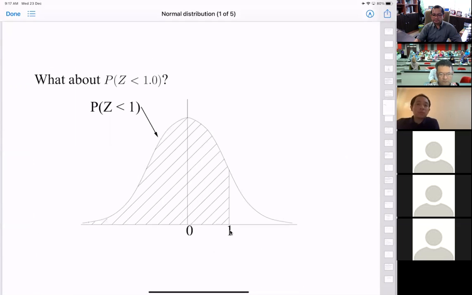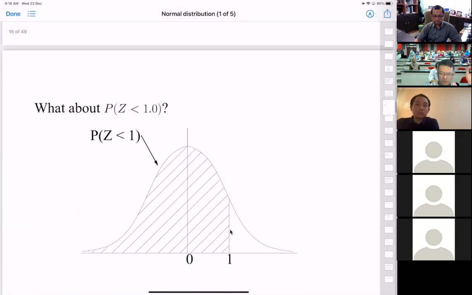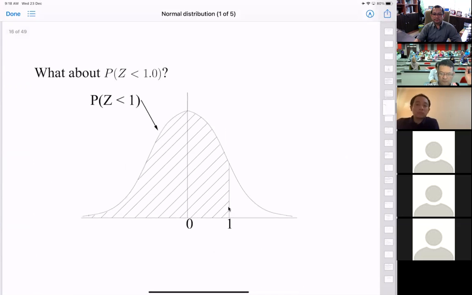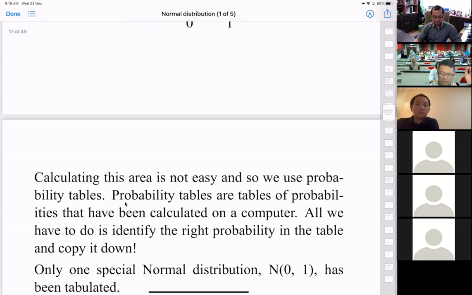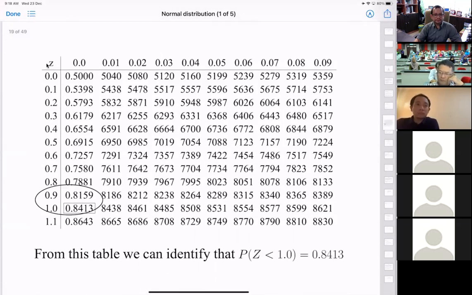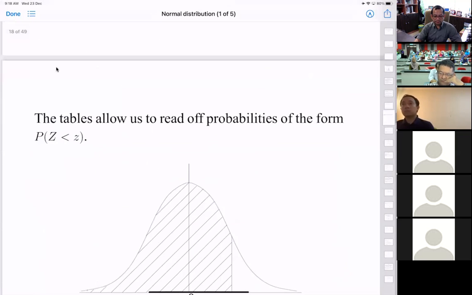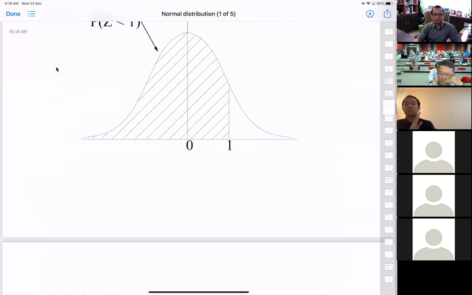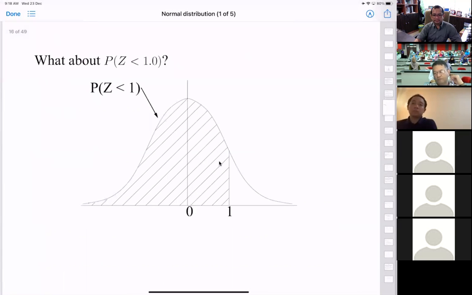Then 1 here, positive. We want to know what is the probability it is less than 1. We use this table. When we have this kind of table, positive on the left-hand side here, it means we read this table from left to right.